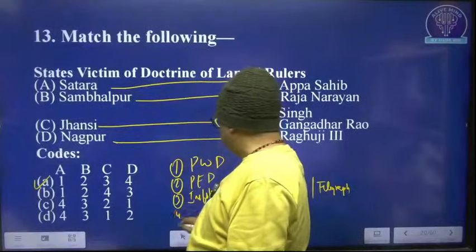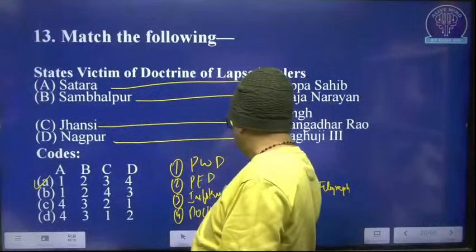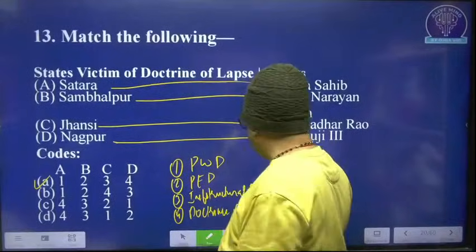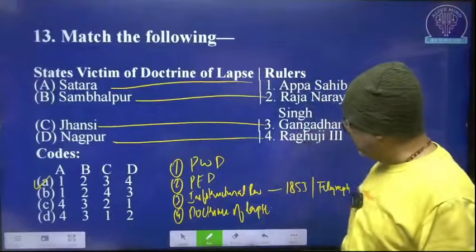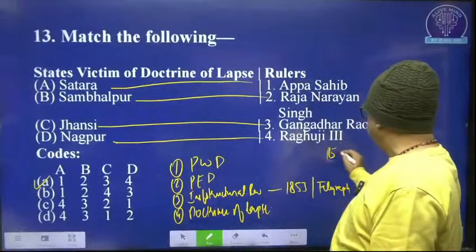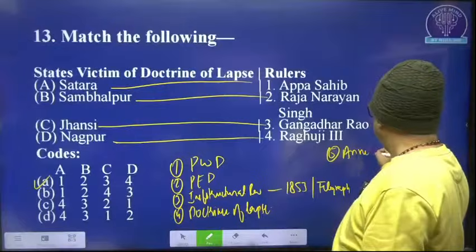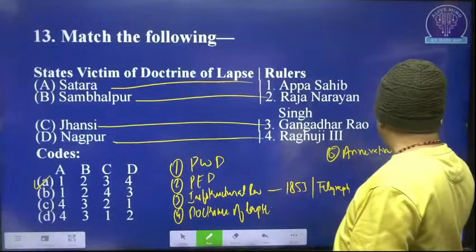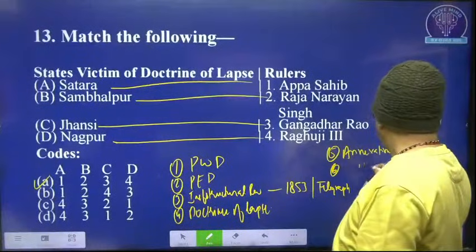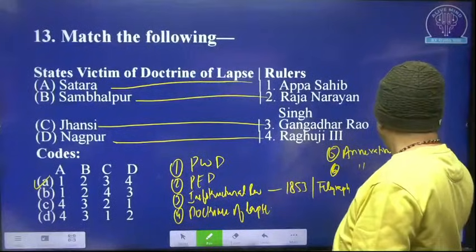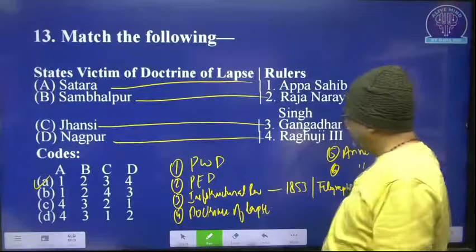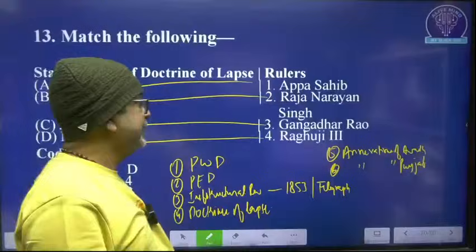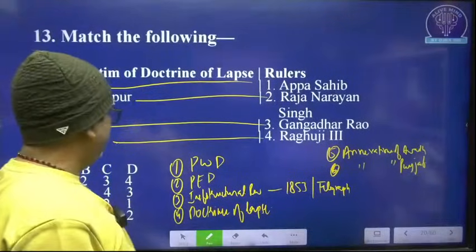He is famous for doctrine of lapse. If you don't have a natural heir, your claim on the throne will come to an end. He is famous for annexation of Avadh. He is famous for annexation of Punjab. Dalhousie. 13th, A.